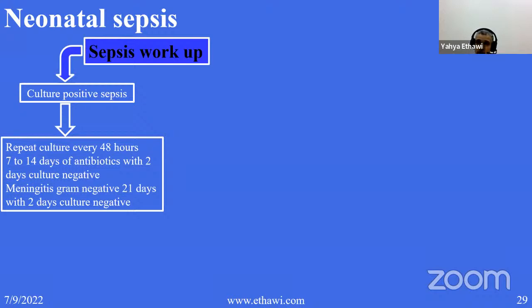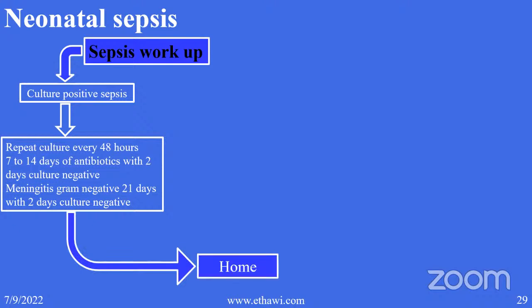So for example, if you decide to give 21 days for meningitis, you should give for 21 days, and the last culture that you've done should be at least 48 hours from your stopping of antibiotics. Is that clear? Yeah. Okay, then you send baby home.